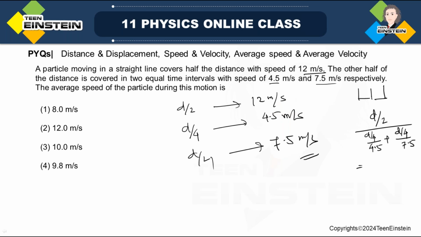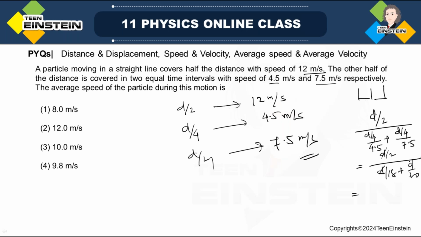So in this case, d by 2. Okay, so let us see. This is d by 2. Let us keep this as it is. D by 4 means 18. D by 18 plus this is d by 30.